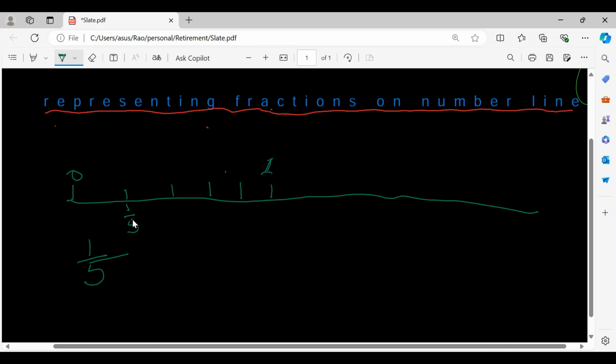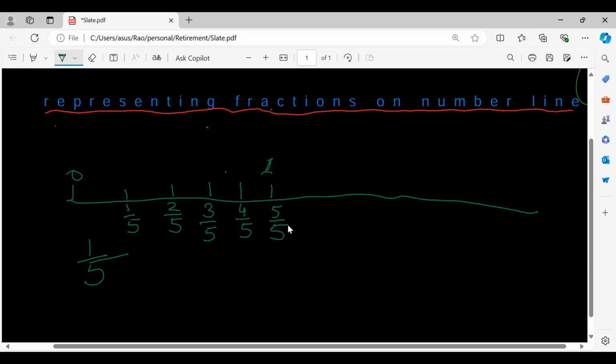And to clear your concept, this is the 2nd part, 2 out of 5, and this is 3 out of 5. These distances are being considered from 0, so this is 4 by 5 and 1 is 5 by 5.